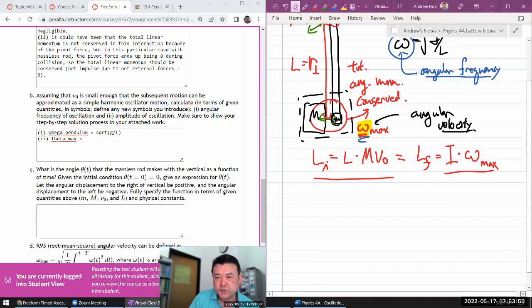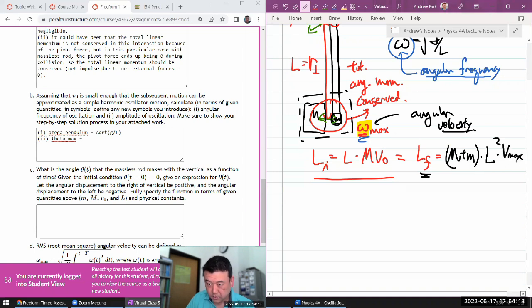And actually, if I'm going to use conservation of energy, I think I'm better off using this expression for the final angular momentum, which is I, which would be the total mass of the whole combined thing times L squared, that's the rotational inertia of a point mass, times the omega max, or what I would call V max over L. So one factor of the L cancels, and I get a result that might appear familiar.